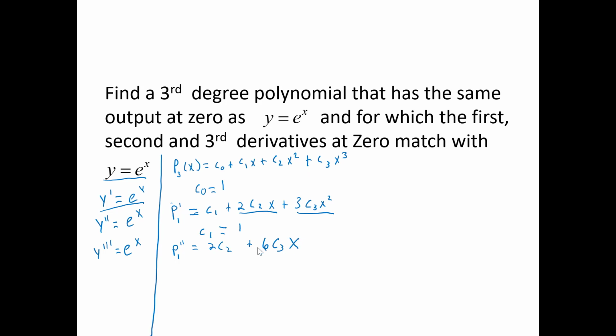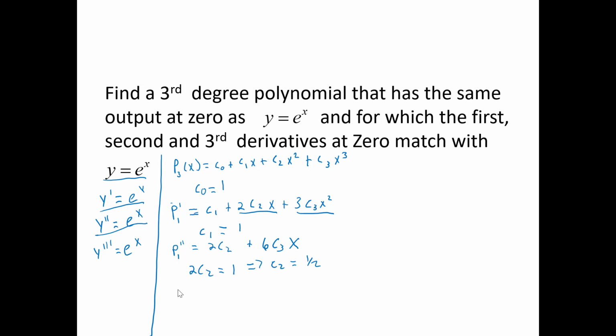And again, when I put in 0, this term will go away and I will get 2C2. When I put 0 into my second derivative over here, I will get 1 again, and this will tell me that C2 is equal to 1/2.